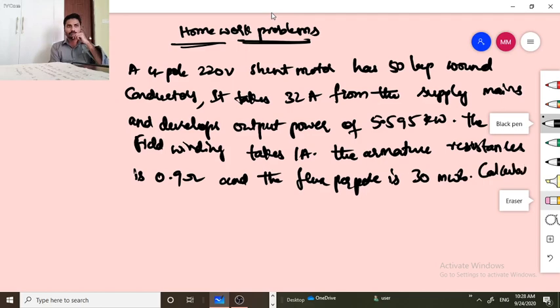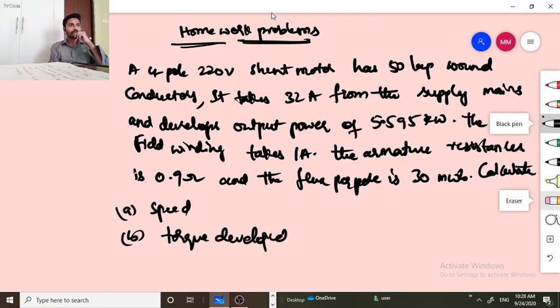Calculate the speed and the torque developed in newton meters. So this is the problem, a homework problem given to you. Okay, please note it down.